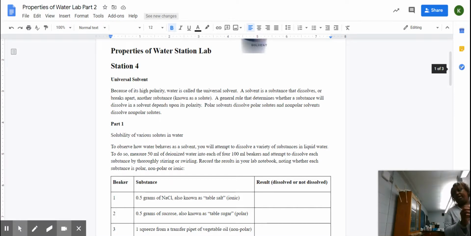I'm going to dry it, and I'm going to grab one more pipette. I'm back. All right, last one, part 4, or beaker 4.